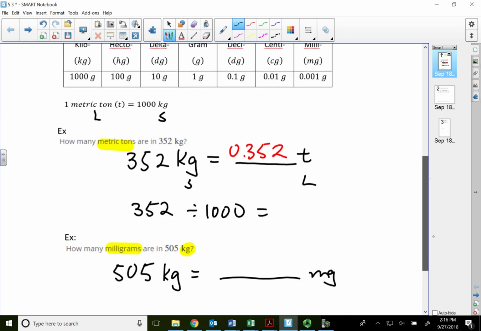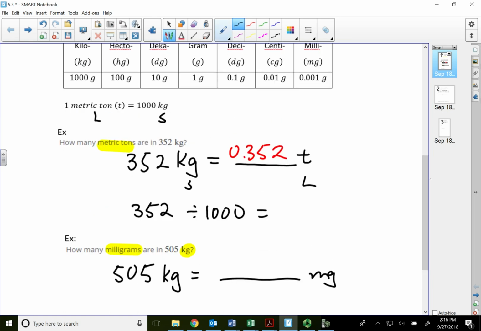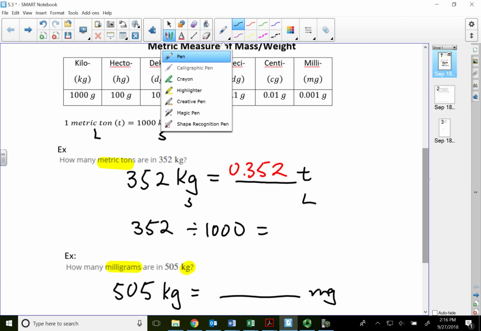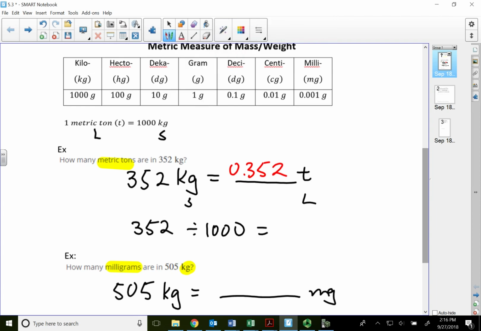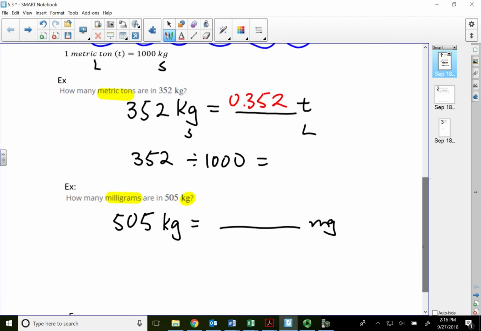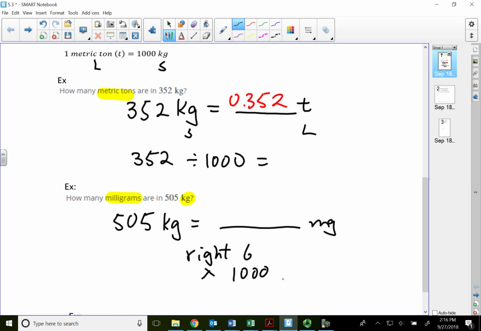Let's move our decimal, starting at kilo and heading to milligram. mg is milligram. That's 1, 2, 3, 4, 5, 6 places to the right. So I need to move my decimal to the right 6 places, which is also equivalent to multiplying by 1,000,000.